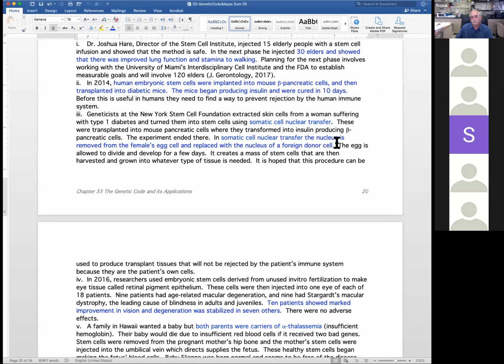In this case, they claim to not be using an embryo. It's from the female's egg. They're doing this just to get around the concept that an embryo is a person and has rights. Then it grows this mass of cells, and those are stem cells.